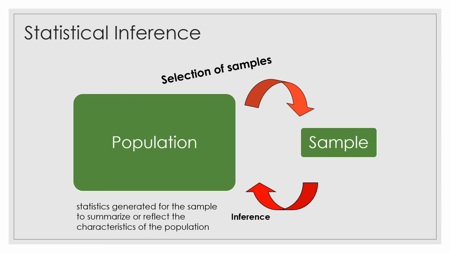We make inference about the population. So, statistical inference means that statistics are generated from a given sample to reflect the characteristics of the population.